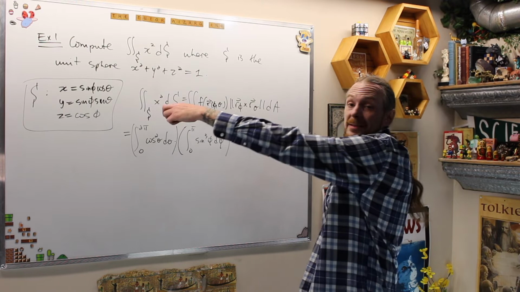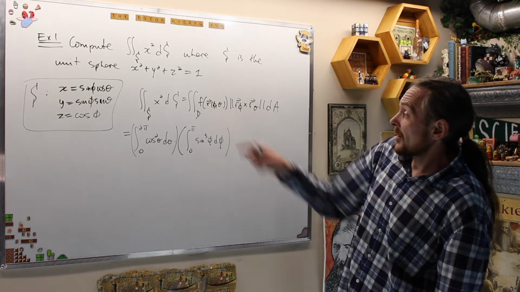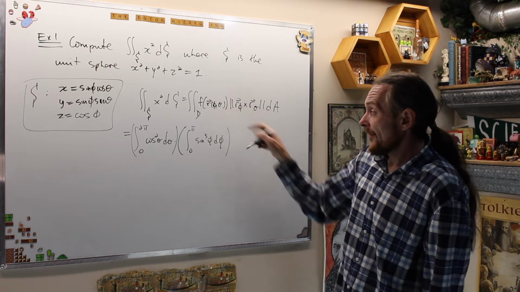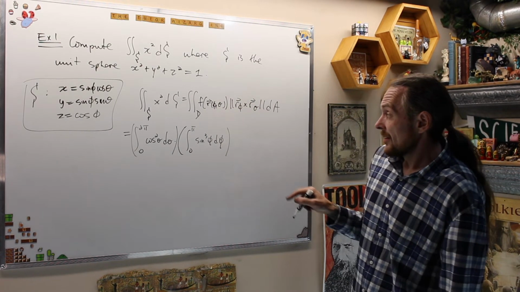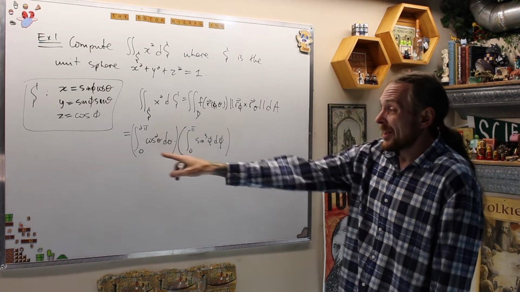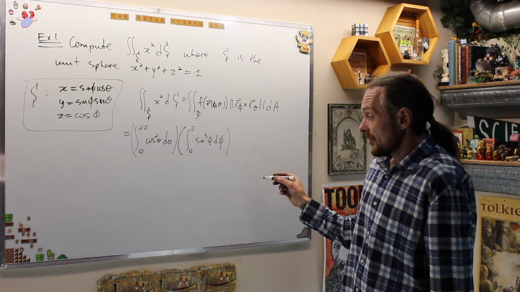I have that the surface integral of x squared over the unit sphere is going to be the double integral over the region D of f of r of phi theta times the norm of r phi cross r theta dA. We computed that and simplified to this. I split the integral. Now I have to use two formulas.